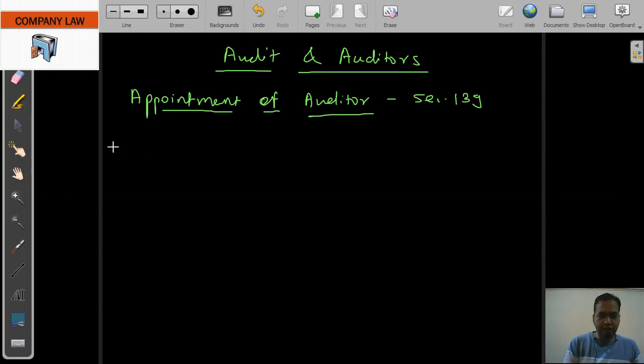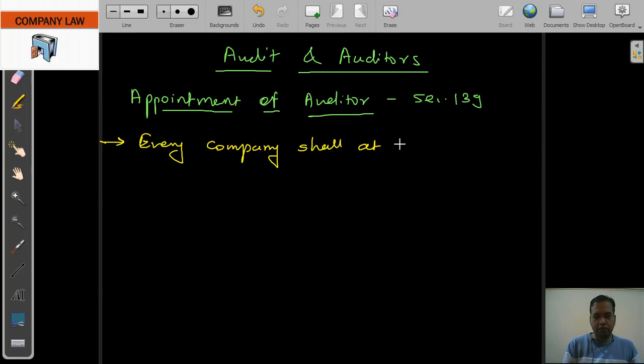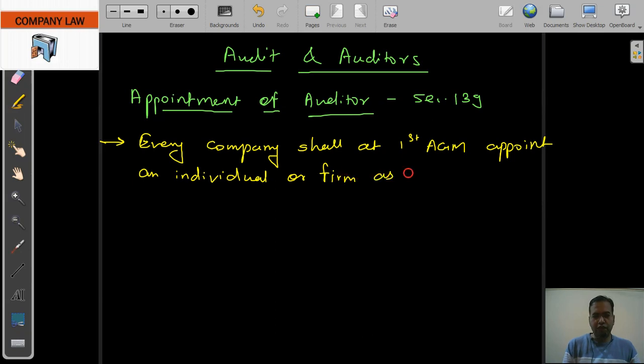So we can say that every company, at its first AGM, appoints an individual or firm as auditor.